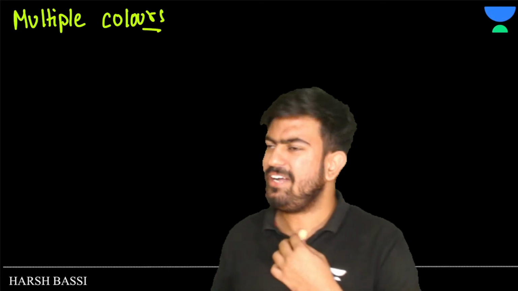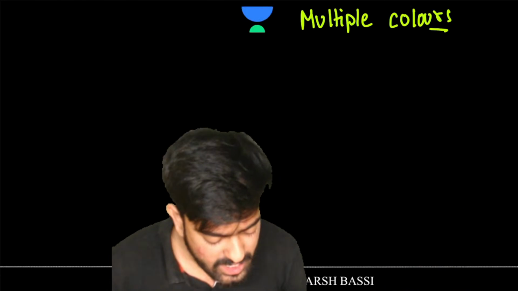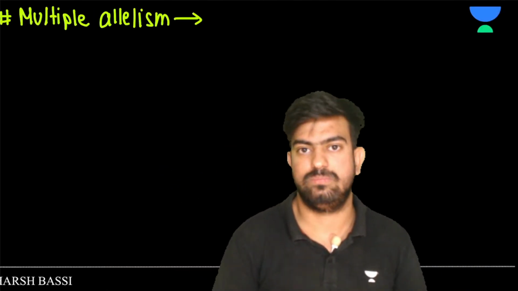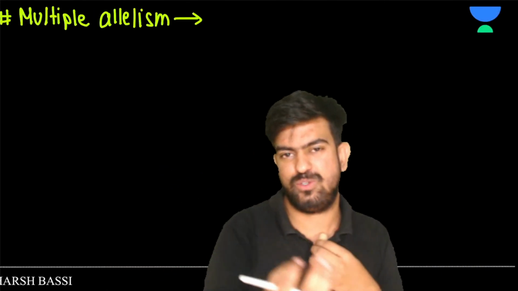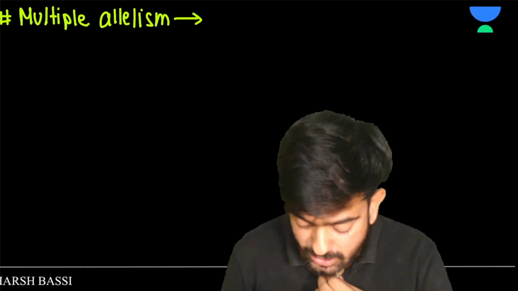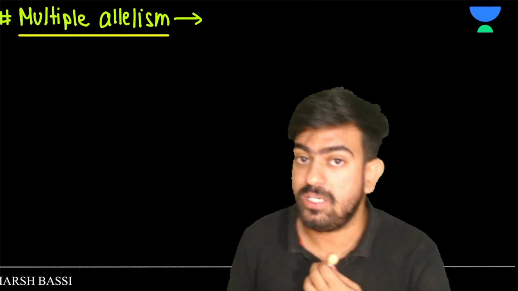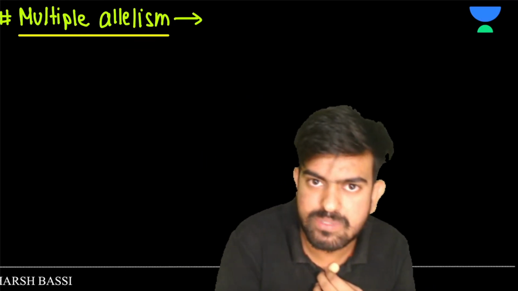Yes, sir, we are going to study red color, blue color, green color, black color, right? Multiple colors. If I am saying multiple allelism, that means we are going to study multiple alleles, right? See, biology is very easy. We make biology hard by thinking, oh, multiple allelism, I don't know, sir, what is going to happen here? Multiple allelism, as the name suggests, many alleles.